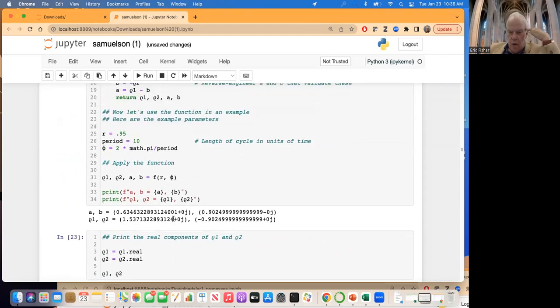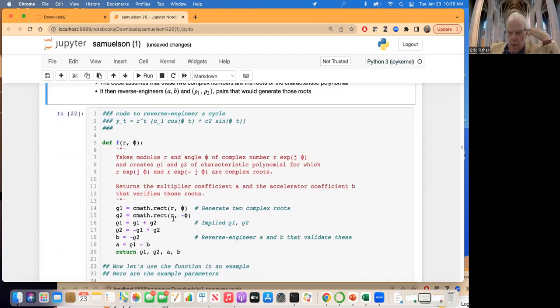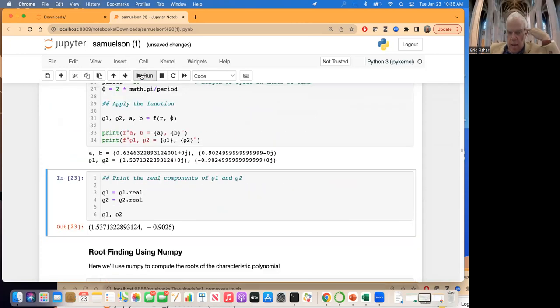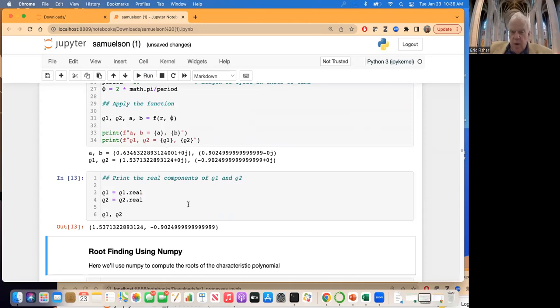let's look at the next one. So what it wants right now is, what will happen if I plug in rho 1 and rho 2 of 1.53 and negative 0.9?